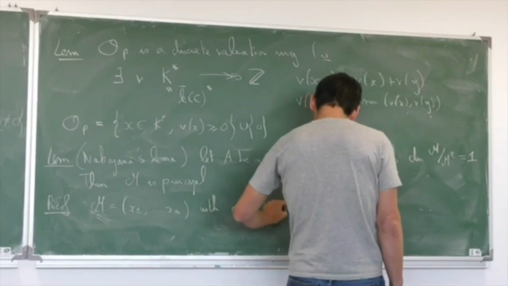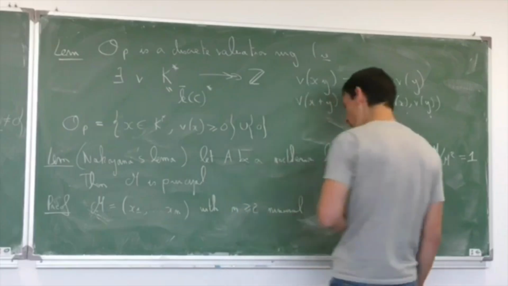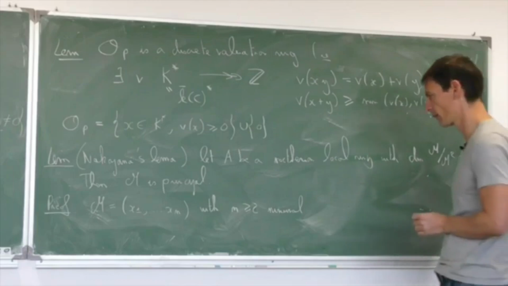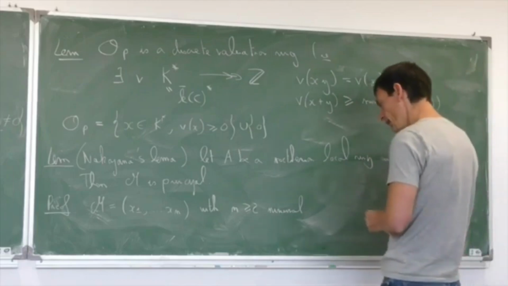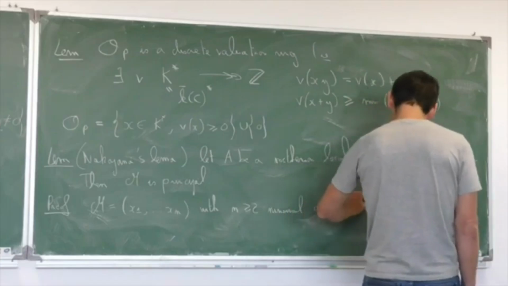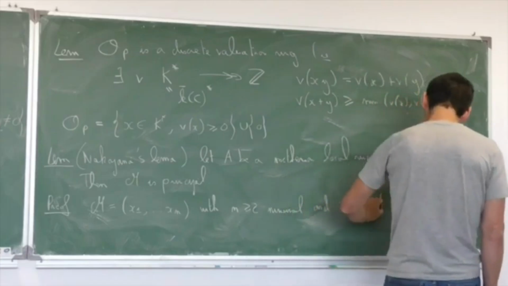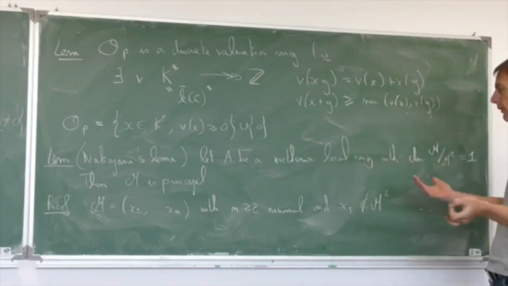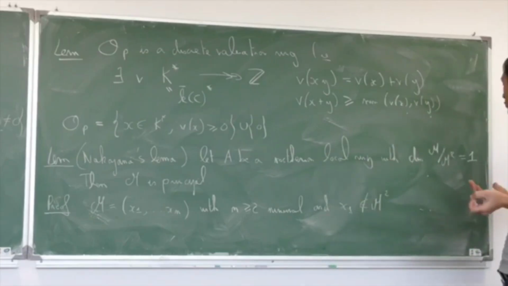And we take the smallest possible, okay? And if we get to a contradiction, then we are done. The other thing I can say is that I can also assume that x1 doesn't belong to M square. There is necessarily one of the x1, ..., xn which doesn't belong to M square, because M is not M square, otherwise the dimension would not be 1.